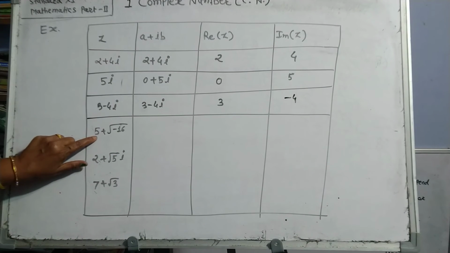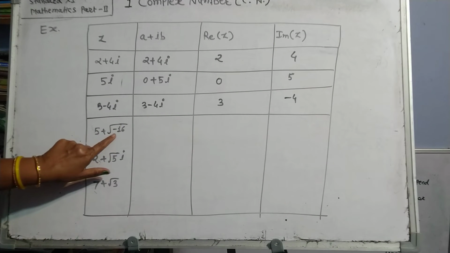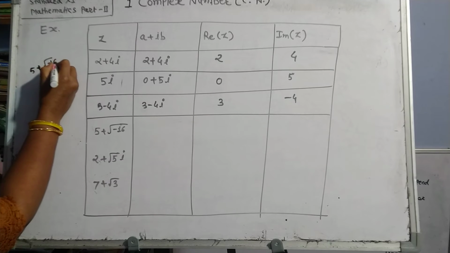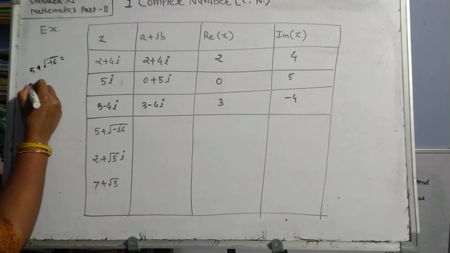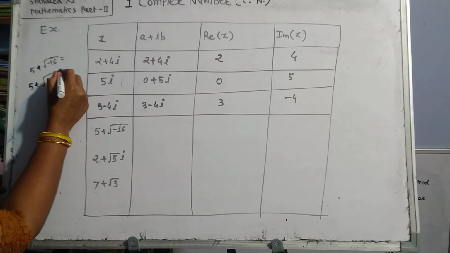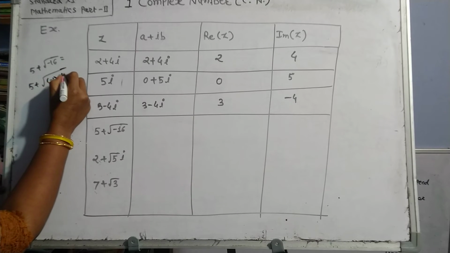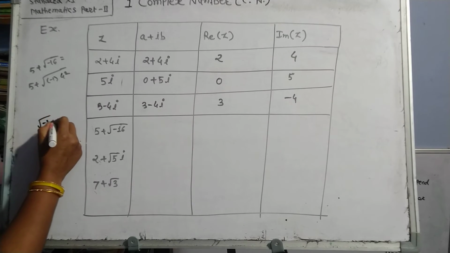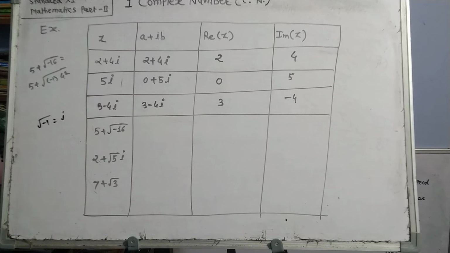तर त्याच्यानंतर आहे 5 + √-16. तर 5 + square root of -16 means what? 5 plus in bracket -1 and 16 means 4 square. Now as we know that square root of -1 is nothing but i.